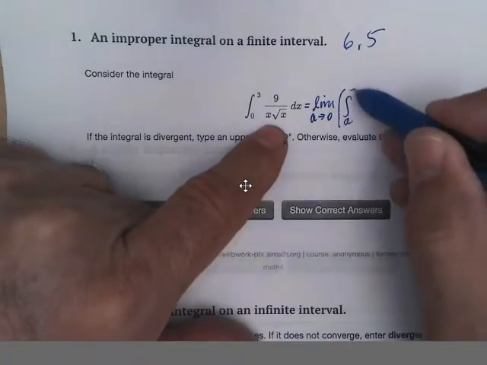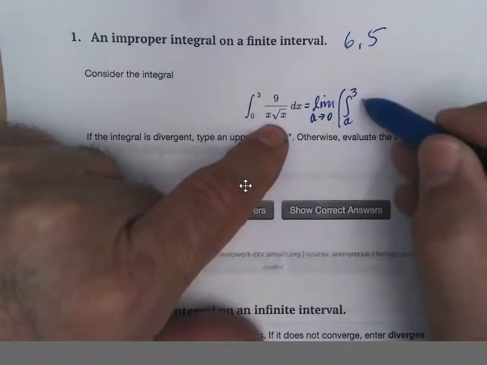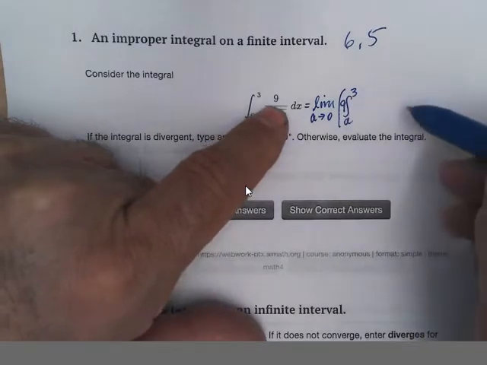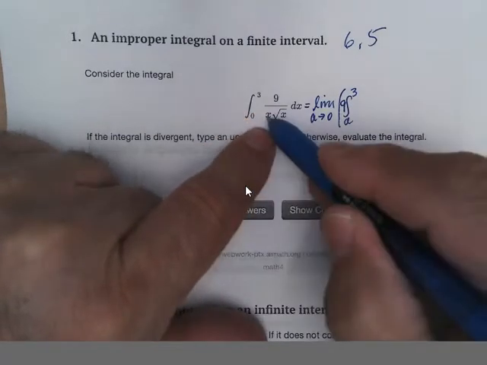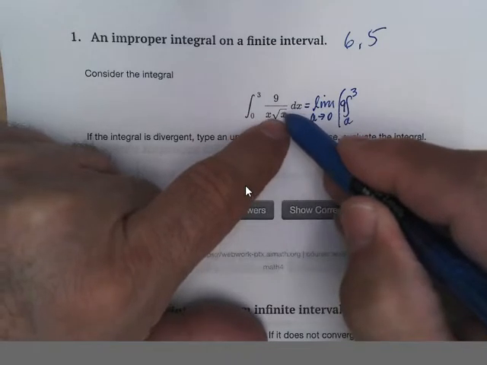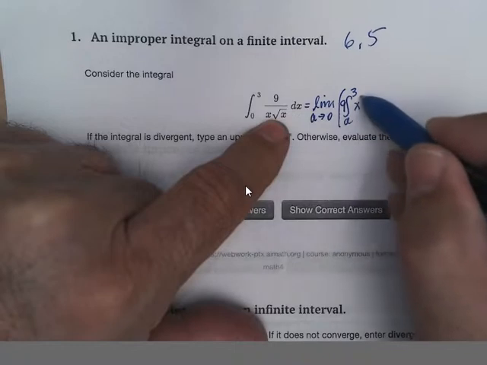a to 3 of, see, this is 9, that would come out, and this is x times x to the 1/2, so that's x to the 3/2 in the denominator, so it's x to the negative 3/2.